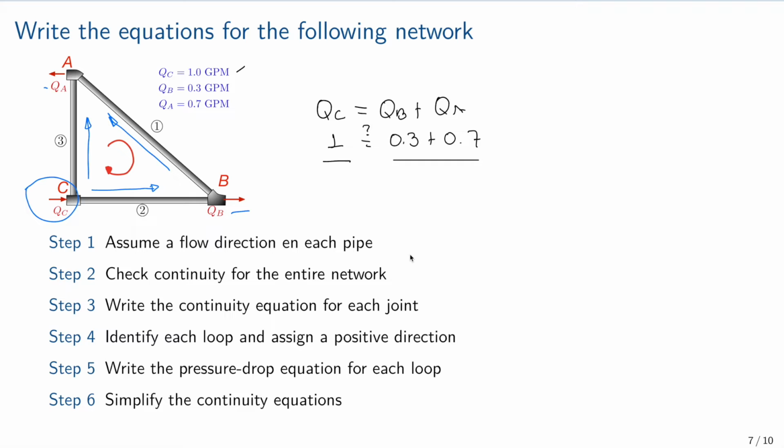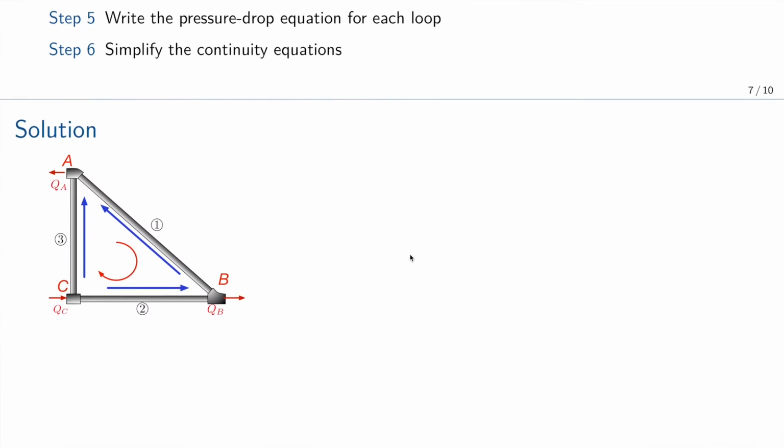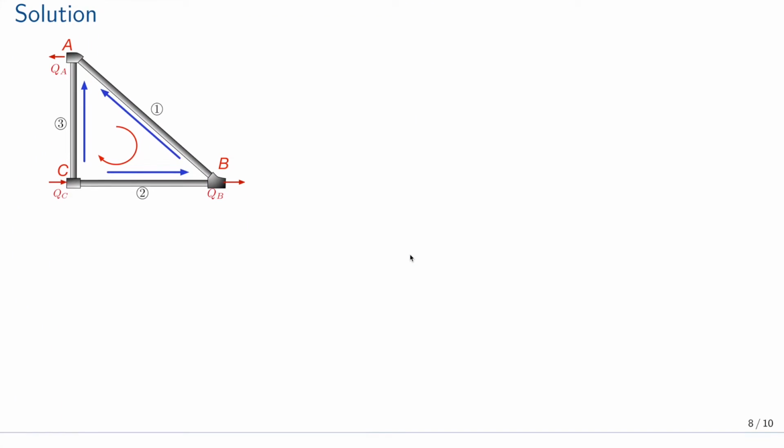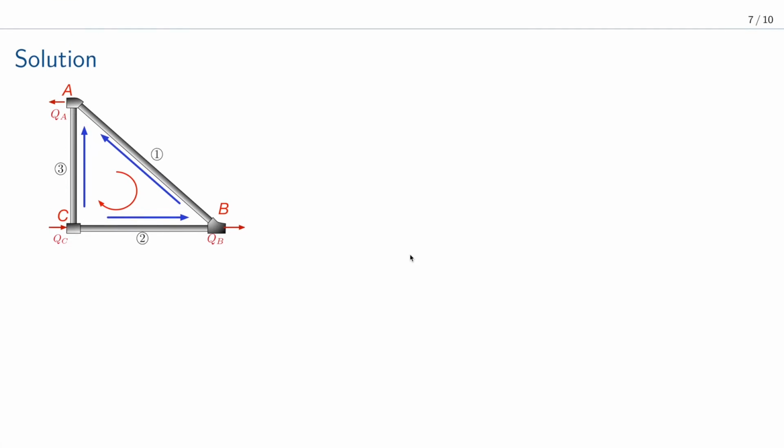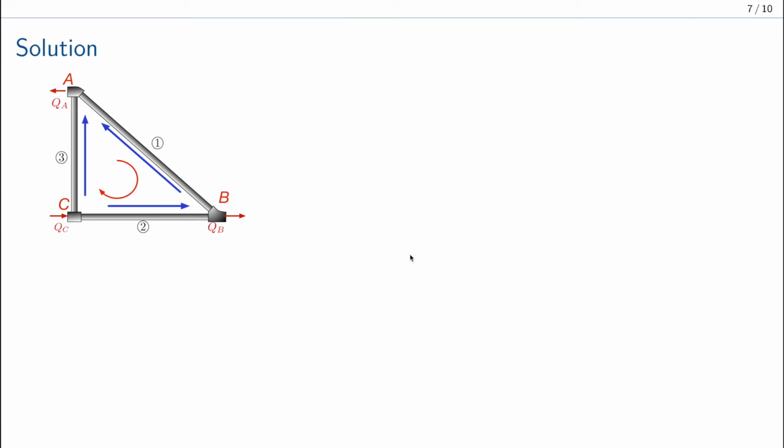Now let's start by writing the equations of the junctions. So let me go to the second page. I already have here the direction that we mentioned before, and let's start to look into the equations for the junctions.